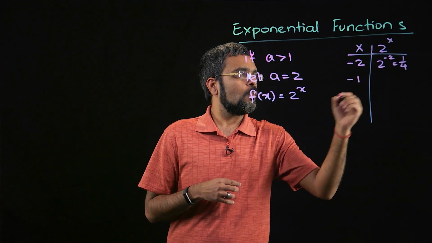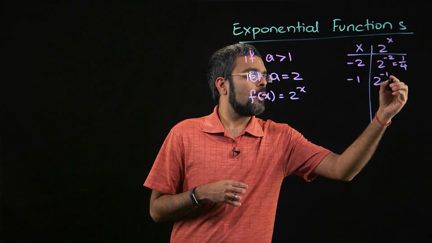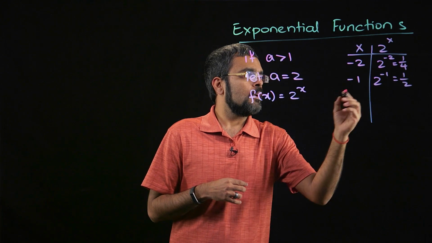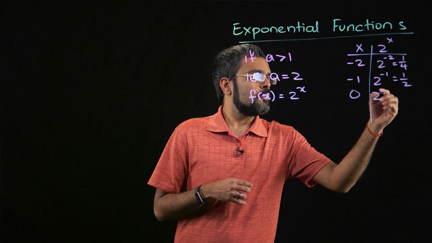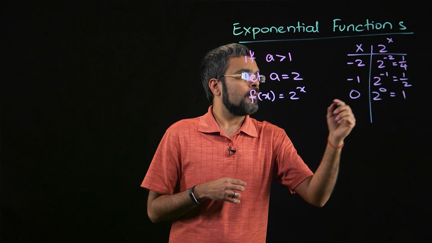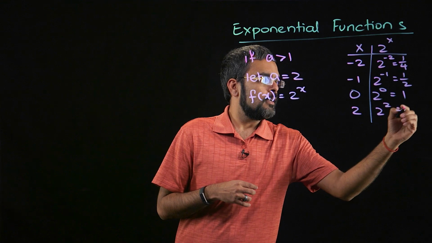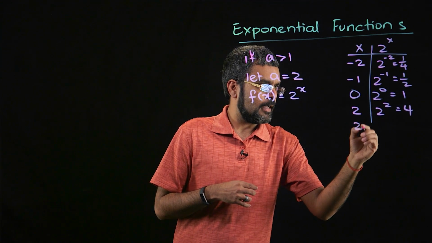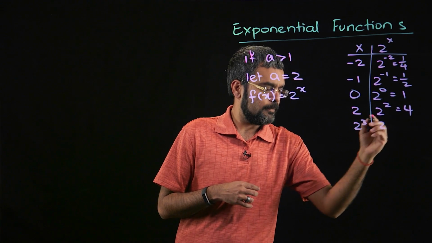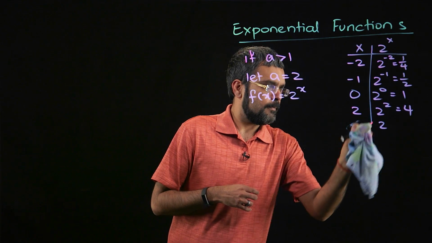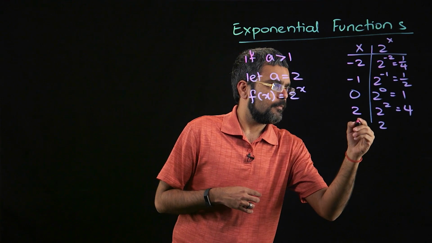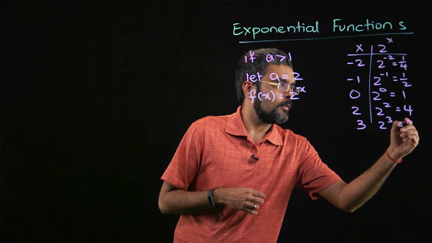If I take negative 1, that gives me 2 to the negative 1, which comes out to 1/2. If I take 0, 2 to the 0 is going to be 1. If I take 2, I get 2 squared is 4. And if I take 3, 2 cubed is equal to 8.